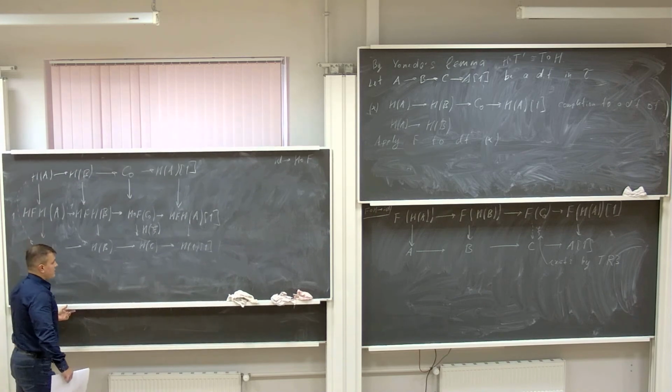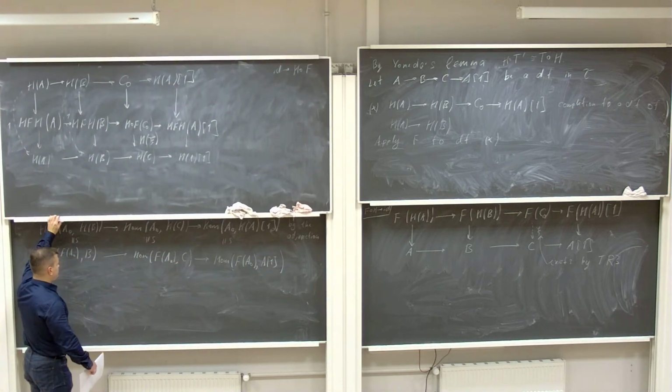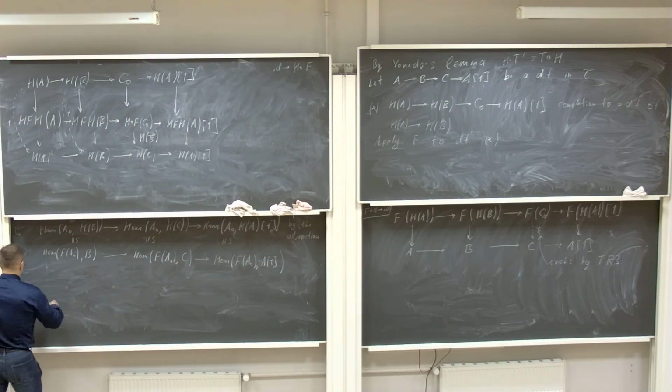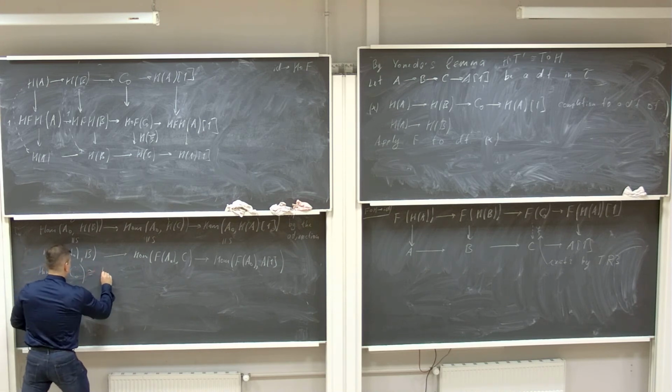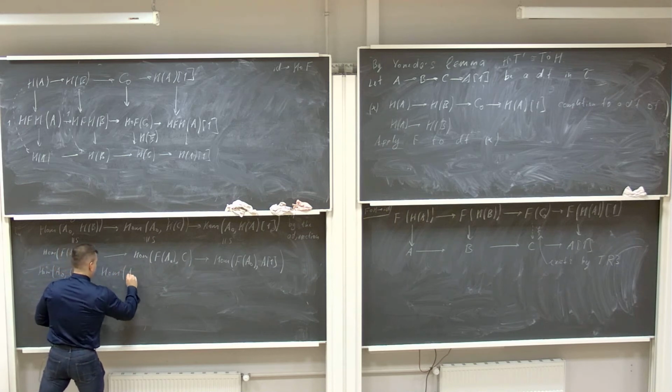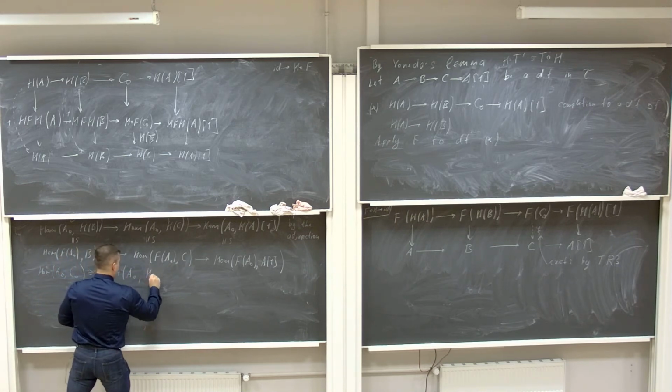I can use again the 5 lemma for abelian groups to conclude that I have Hom between A0 and C0 is isomorphic to the Hom A0 H of C.